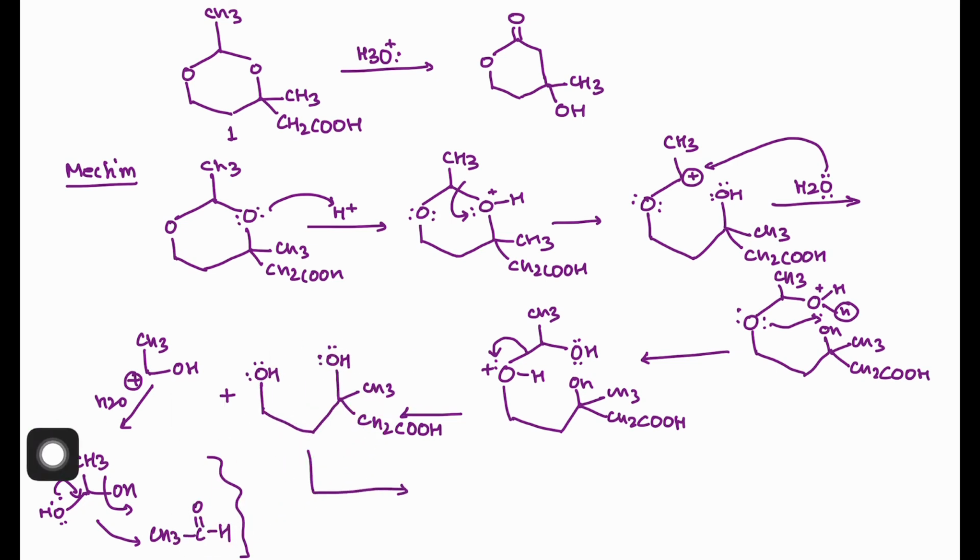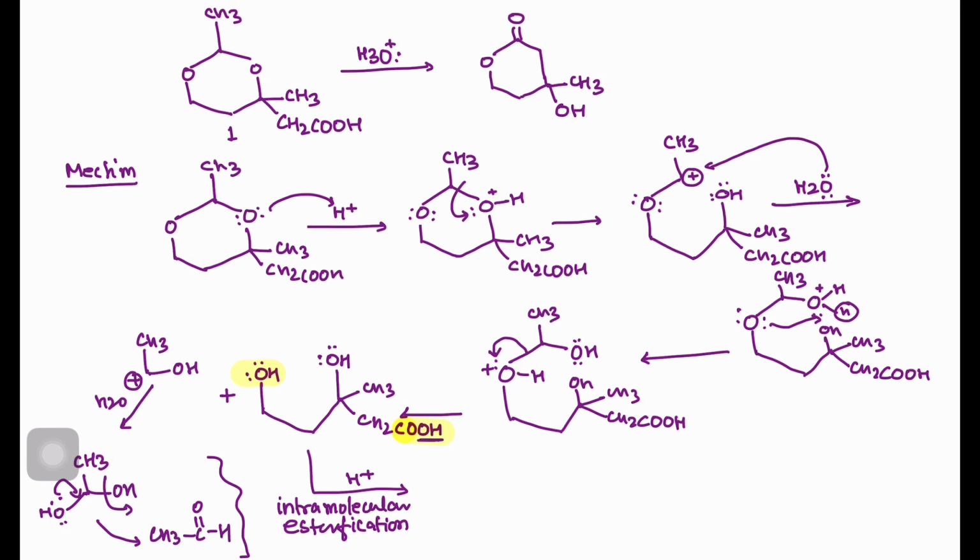What is the further reaction of this? There is an acid group present in that, and that is alcohol. So there is a chance of intramolecular esterification. Esterification will take place. In esterification, we already know that the loss of water takes place.